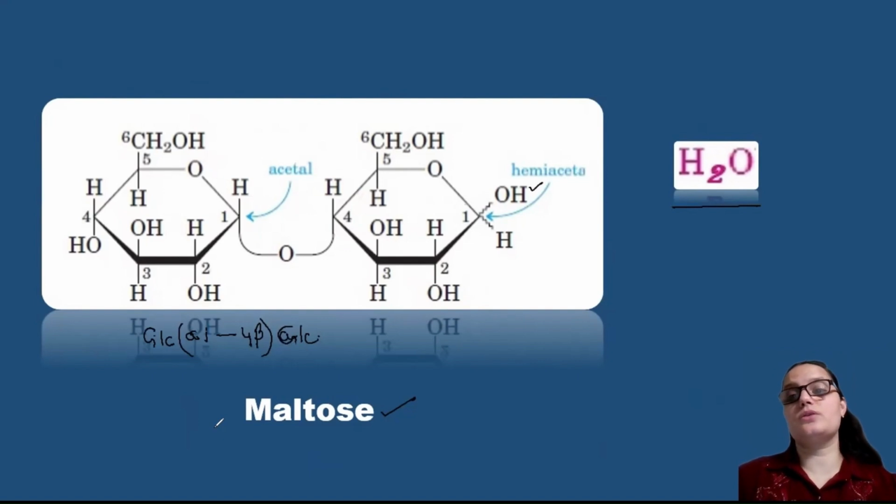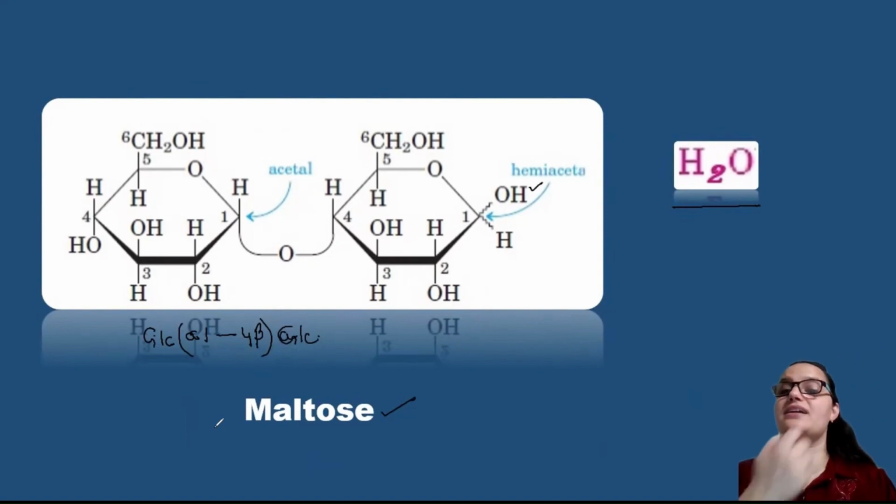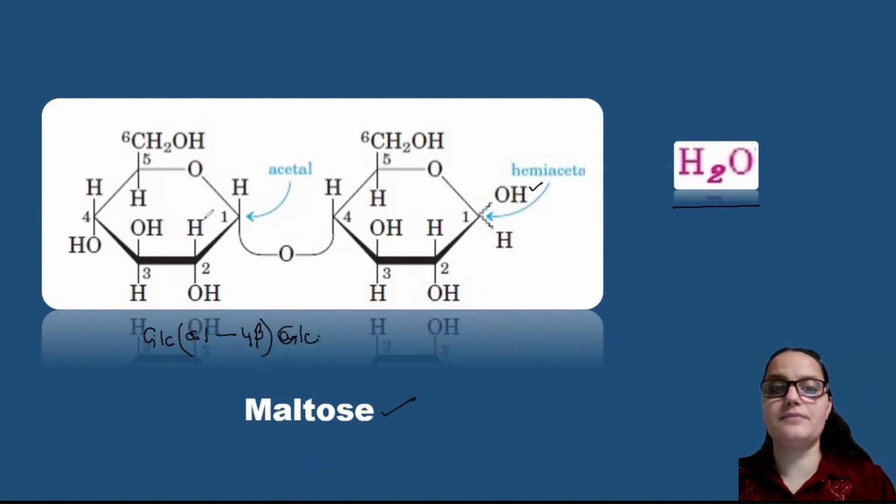Its structure is that two glucose units are connected with one another through a glycosidic bond, and the nature of the glycosidic bond is that carbon number 1 and carbon number 4 of those two glucose units are involved. Now, if you see, this carbon, which was hemiacetal, has lost its hydroxyl group, right? And now it has become acetal.